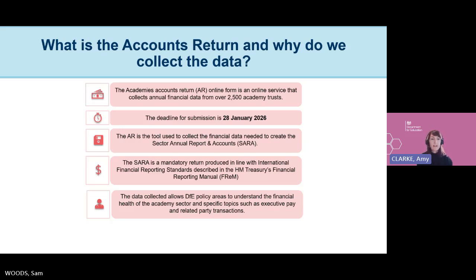The financial data we collect helps to produce the sector annual report and accounts, also known as the SARA, for Academy trusts, and this is a mandatory return that's produced in line with IFRS as described in HM Treasury's Financial Reporting Manual. The data we collect allows policy areas to understand the financial health of the sector and covers specific topics such as executive pay and related party transactions.